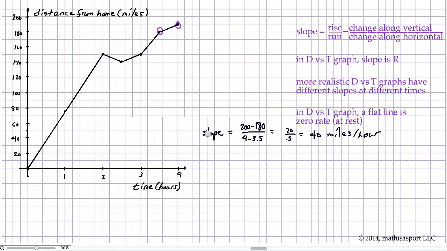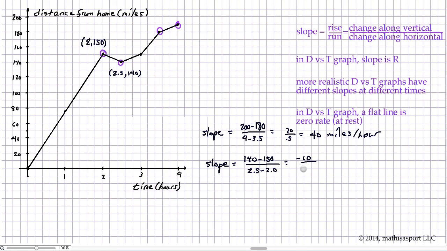Okay? But the more interesting pair of points is here. Let's just take a minute to think about that. 2, 150. And the stop point is 2.5, 140. So when we do the slope calculation in this case, we're going to get 140 minus 150 over 2.5 minus 2.